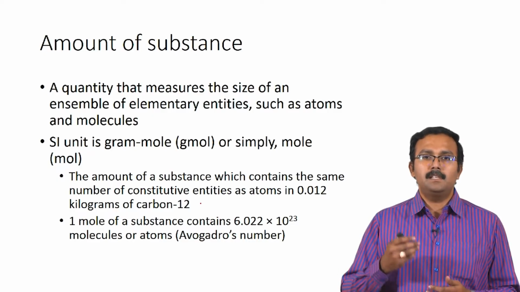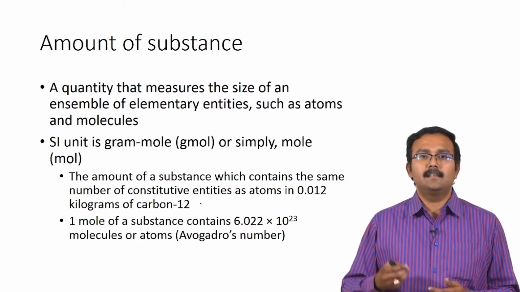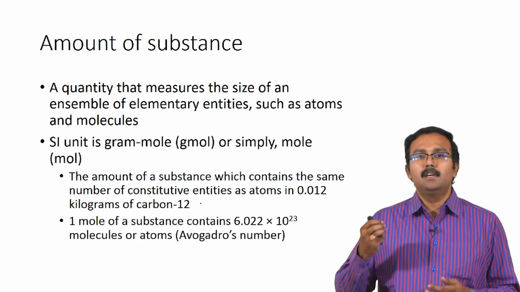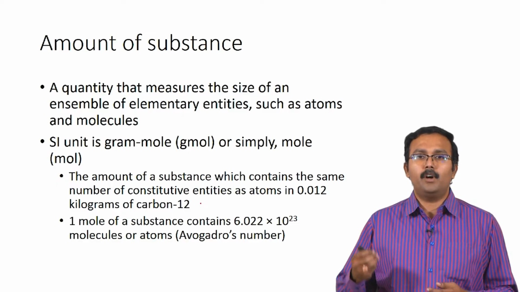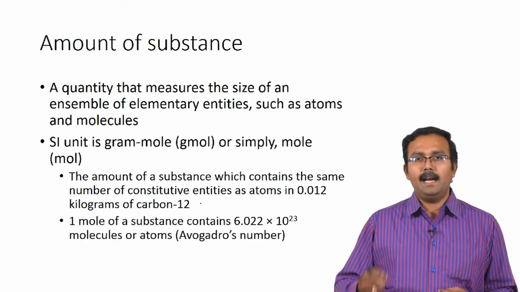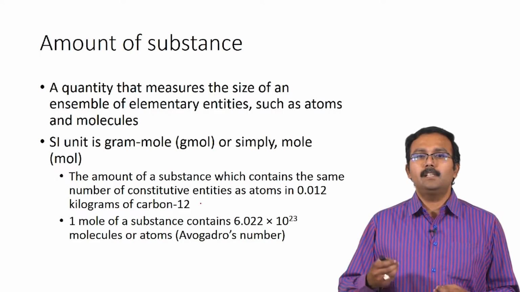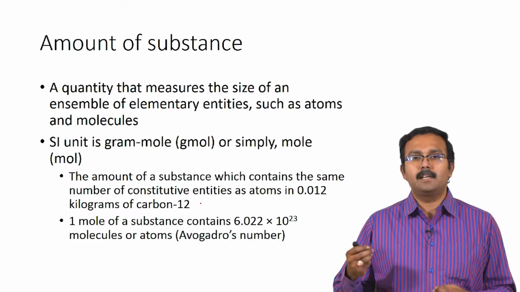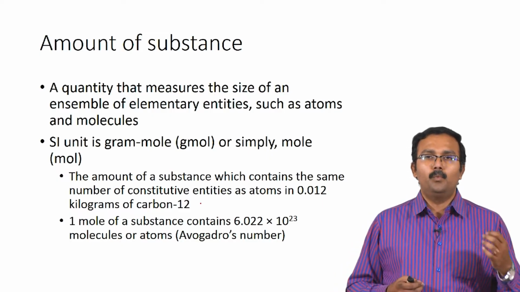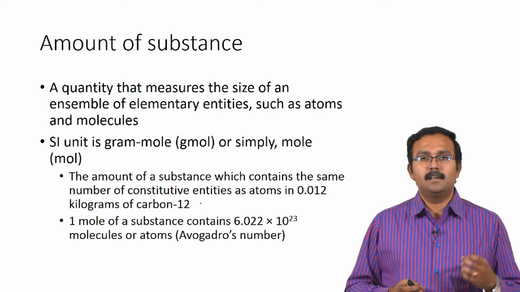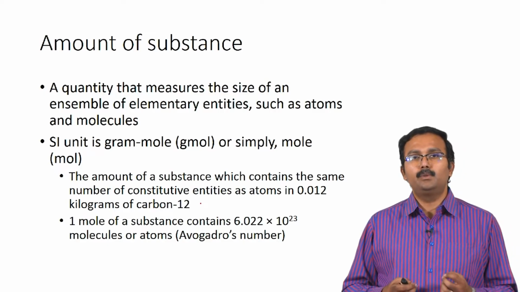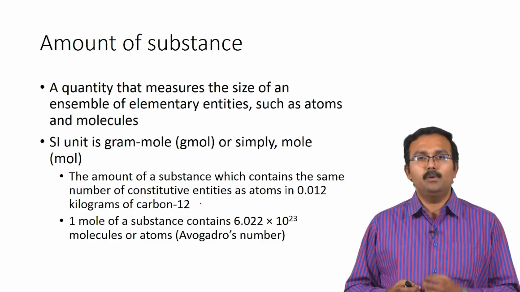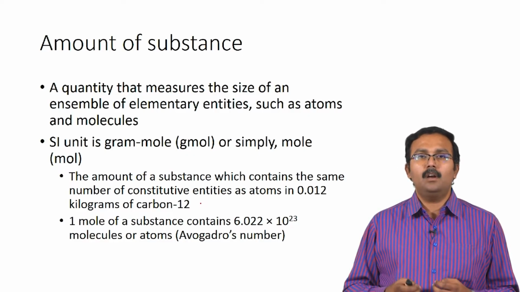The amount of substance mole is defined as the amount of a substance which contains the same number of constituent entities as atoms present in 0.012 kilograms of carbon 12. 1 mole of a substance contains 6.022 times 10 power 23 molecules or atoms. This is based on Avogadro's number.